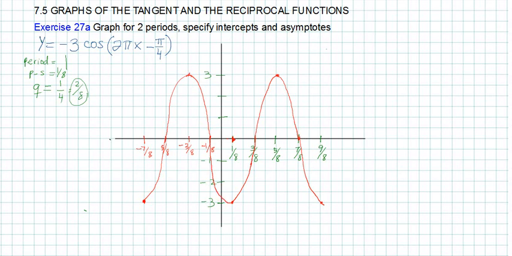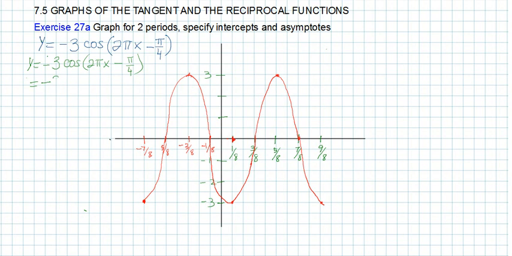This is very interesting. How to find the y-intercept? The way we've been doing the y-intercept, according to the book, is to start with the original equation. So I'm going to start with y equals -3 cosine of 2 pi x minus pi over 4. Now, at the y-intercept, x is actually 0.